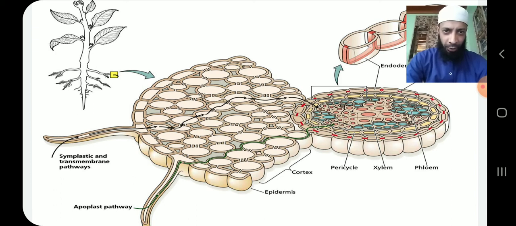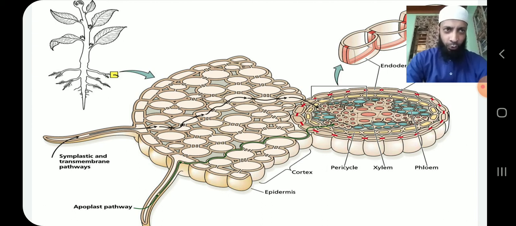In apoplastic pathway, the clear green color, water moves from cell to cell without crossing the membranes, without crossing the cells, but it moves along the cell walls and intercellular spaces. It is called endodermis, where it crosses through membrane.